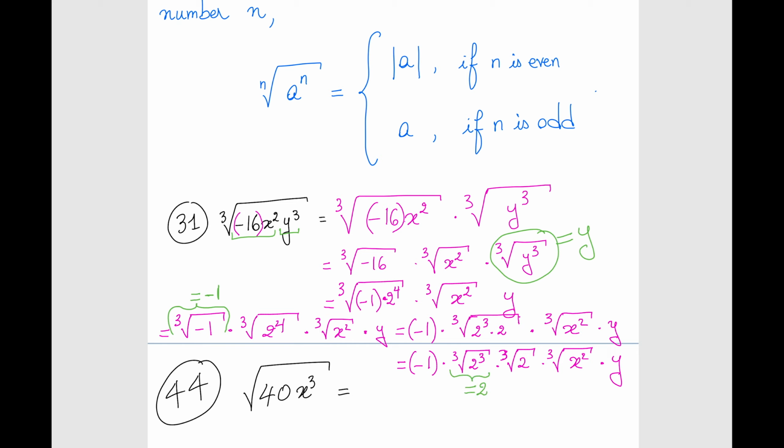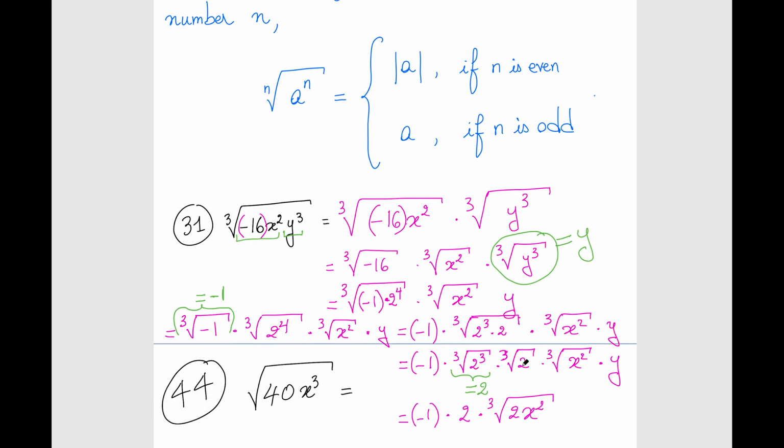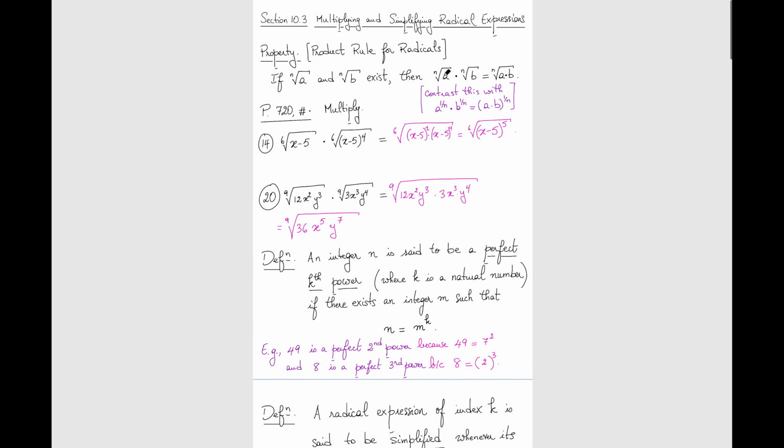Okay. And what do we get? We get that this is negative 1 times 2 times the third root of 2x squared. I'm combining these two again, because I'm using the product rule now from left to right.